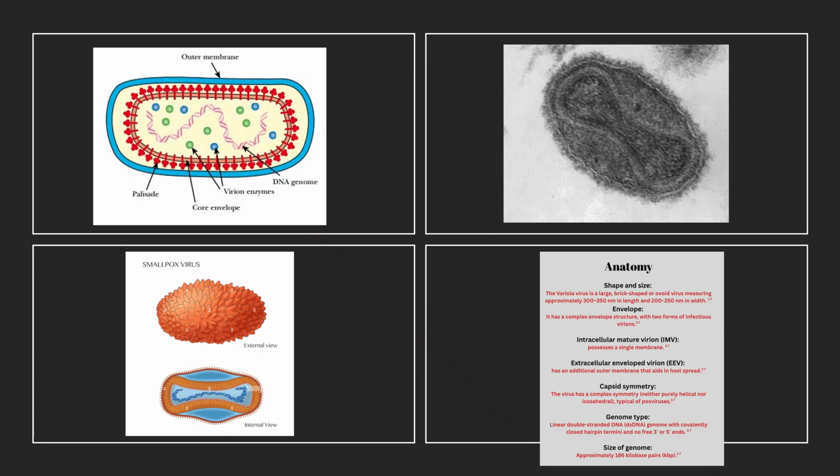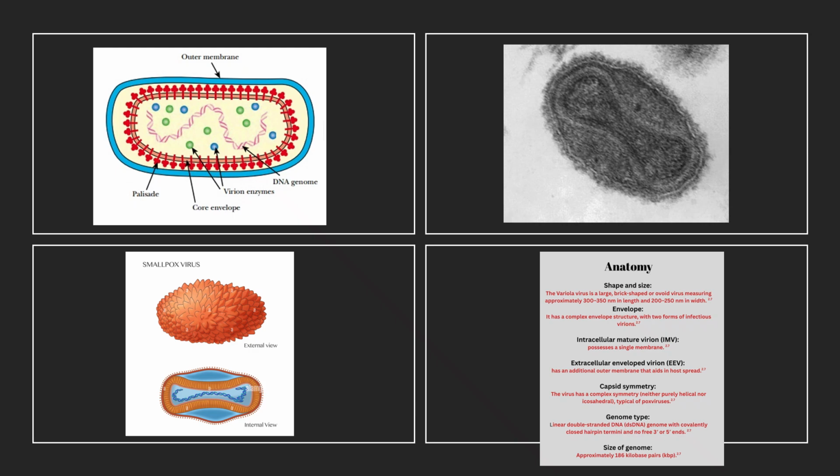The anatomy and structure of variola virus is quite unique. The shape is considered brick-shaped or oval. The size is approximately 300 to 350 nanometers in length and 200 to 250 nanometers in width, and it is considered a large virus, comparatively speaking.